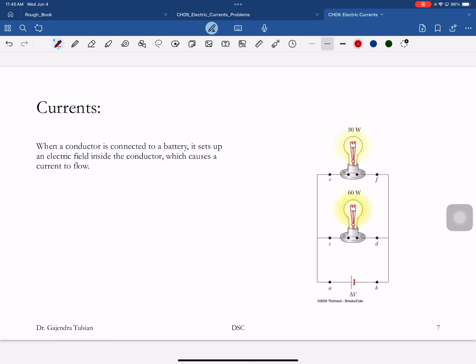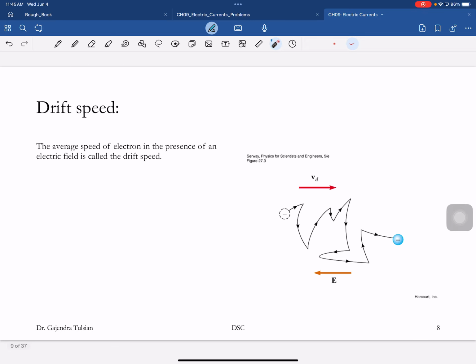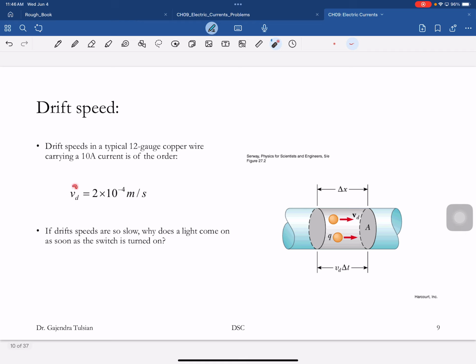When a conductor is connected to a battery, it sets up an electric field inside the conductor, which causes a current to flow, because a conductor has free charges that respond to that field. The drift speed is the average speed of the electron in the presence of an electric field. You establish an electric field in this direction, the electrons will drift in that direction. Drift speeds are of the order of 10 to the minus 3 meters, a millimeter a second.